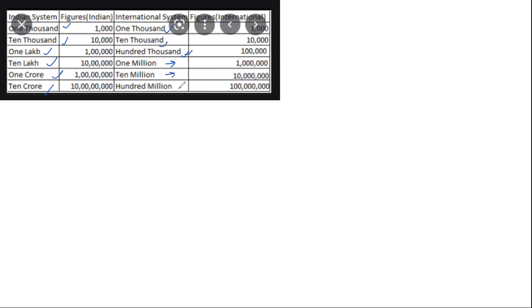Then they'll say 10 million, 100 million, then it comes to 1 billion. Okay. So 1,000 has 3 zeros. 1 million has 6 zeros. 1 billion has 9 zeros. So they increase by three digits. That's why they put a comma after 3 digits.